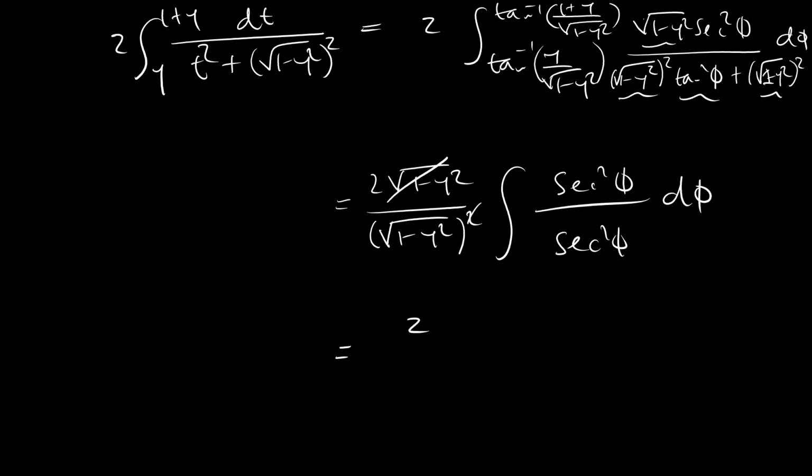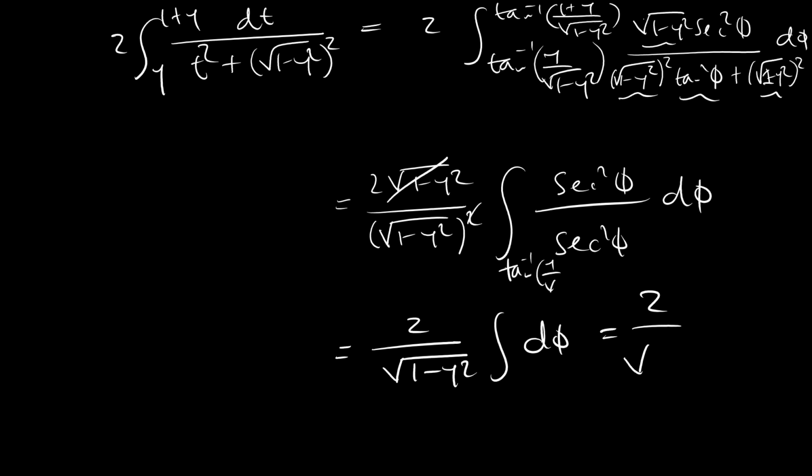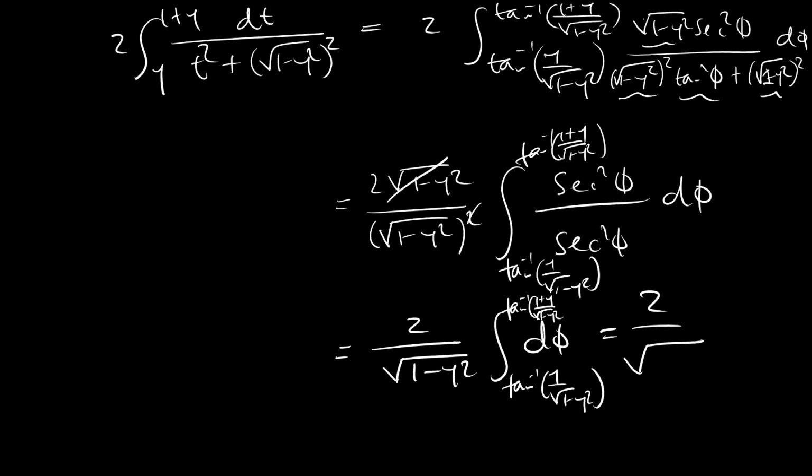So this becomes twice 1 over the square root of 1 minus y squared, integral of 1 d phi, and we have limits here, the arctangent of y over the square root of 1 minus y squared to the arctangent of 1 plus y over the square root of 1 minus y squared.